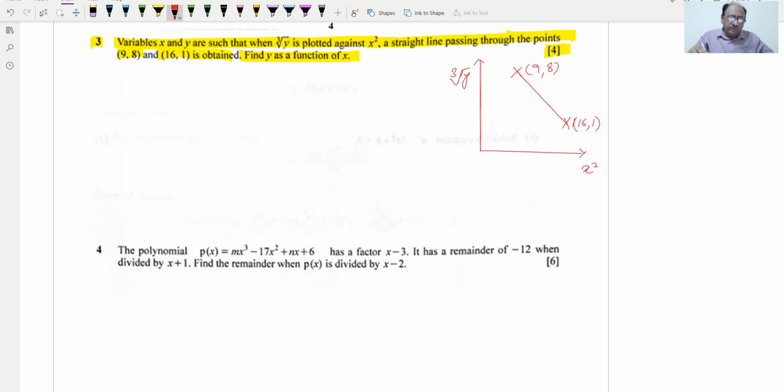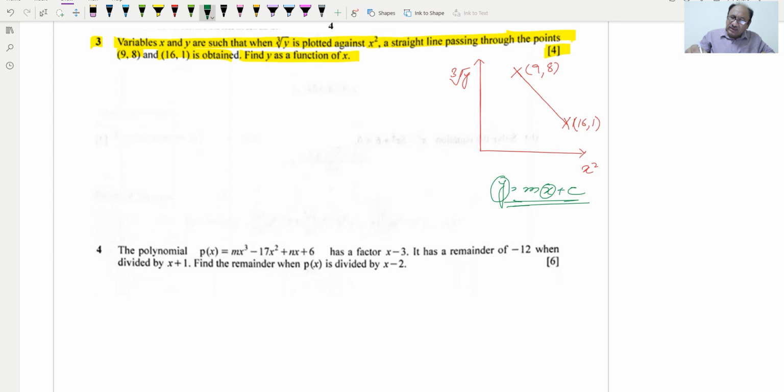Now we have to find y as a function of x. If we are writing a straight line equation, y is equal to mx plus c. This is the equation of a line in slope intercept form. We can use the same method as when y is plotted against x.